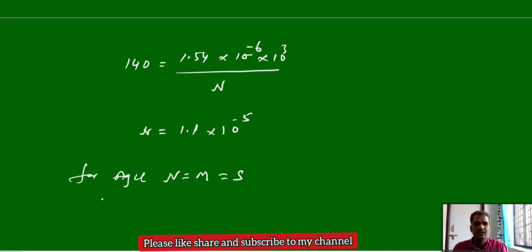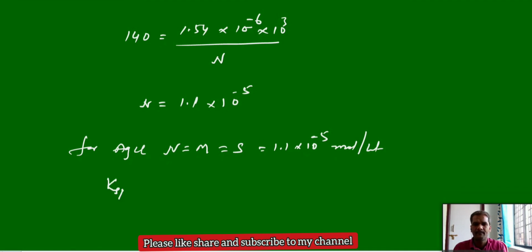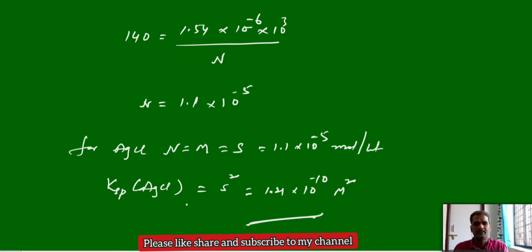The molarity is nothing but solubility only. So that is equal to 1.1 into 10 power minus 5 moles per liter. Then the solubility product Ksp of AgCl: AgCl means S square. So 1.1 square is 1.21, into 10 power minus 10. This is molar square, and this is the solubility product of AgCl.